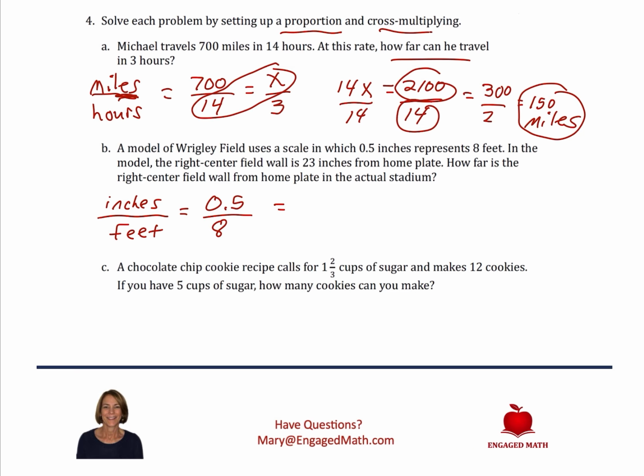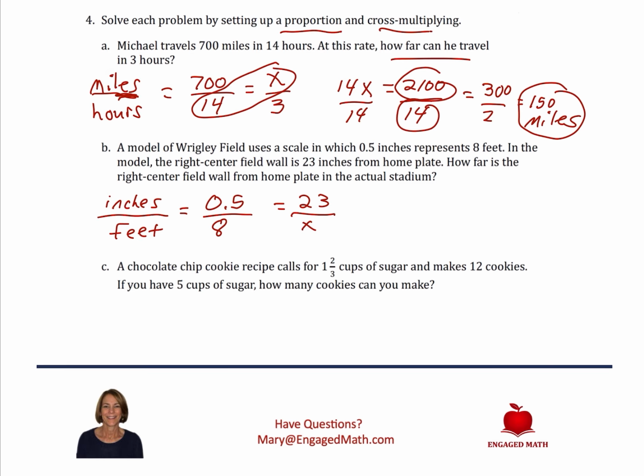And what we know is that in this model, 23 inches is the distance from the home plate to the right center field wall. And we're looking for how many feet that is in the real world. So when we cross multiply now, we have 1/2 x, and you can make it a fraction if you prefer. So 1/2 x equals 23 times 8.